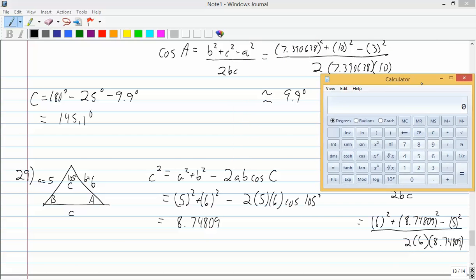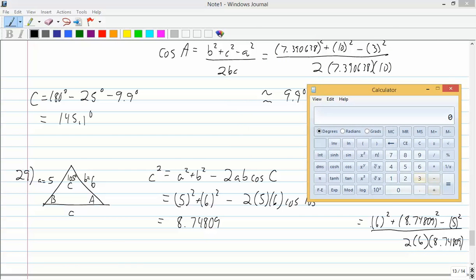Alright. So we'll punch this in the calculator. It's 36 plus 8.74809 squared minus 25 equals. So that's the numerator. And it's going to be divided by 2, divided by 6, divided by 8.74809.